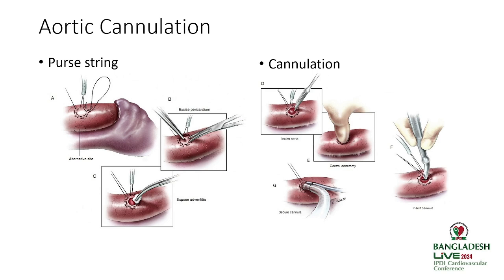One of them is that you can grab the adventitial flap that you made, cut it like a U on this side but keep it intact on the upper side, and then grab it with the DeBakey forceps and pull it down towards the leg so that the blood doesn't escape. And the moment you insert your cannula, you just let the aperture open for a brief period.